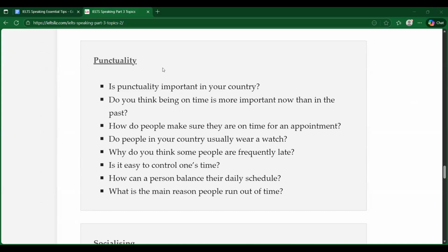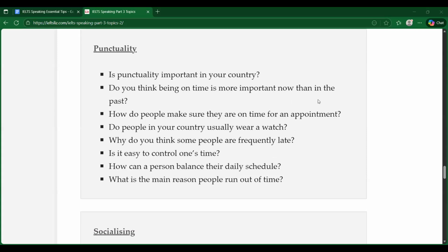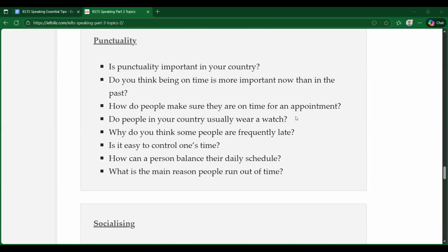If you take too much time to answer each question, the examiner will obviously reduce the number of questions because the session time is limited and we will only have 3 to 4 minutes for part 3. So you don't need to lengthen your answer too much. You can just keep it in a range of 30 seconds to 1 minute. That would be an okay answer.